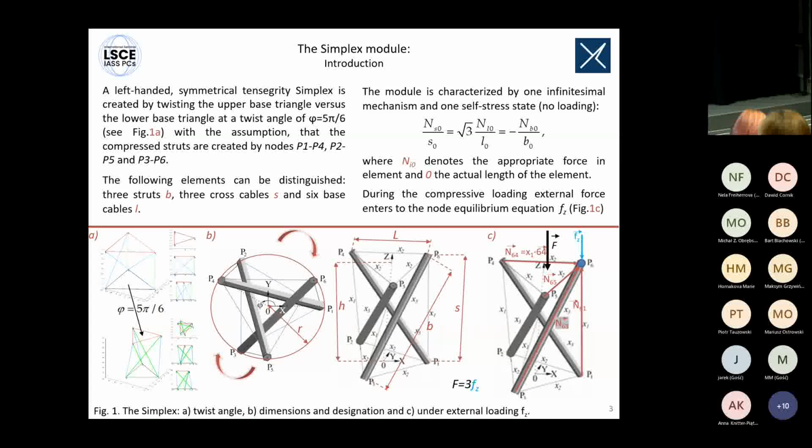In general, it is characterized by 1 infinitesimal mechanism, and it is a kind of movement where the upper base is rotating along the vertical axis Z versus the lower base. This is the infinitesimal mechanism for the Simplex. And also, it is characterized by 1 self-stress state. It means we just have to change the length of 1 element in order to induce the pre-stress.